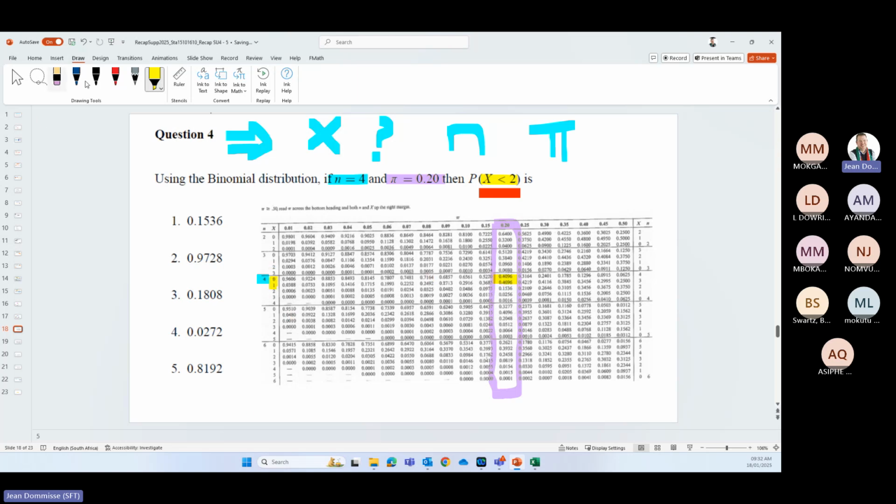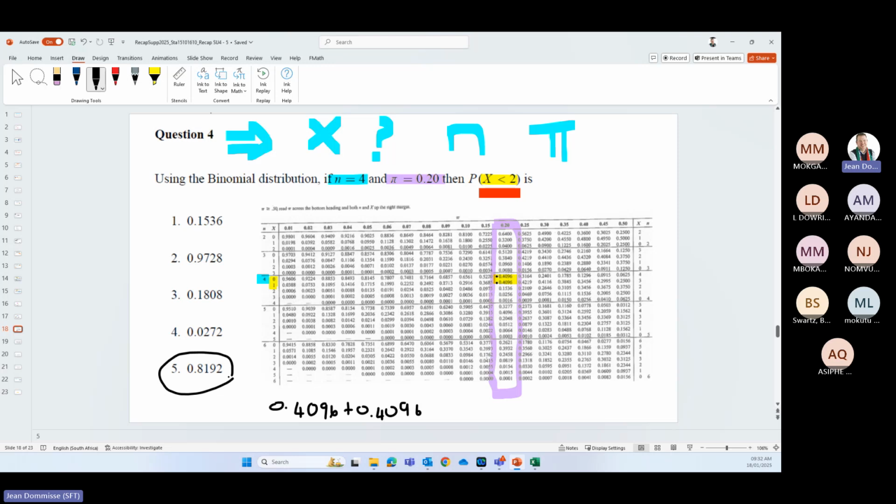The 0 and the 1 is 0.4096 plus 0.4096. So that's those two, which will give me 0.8192.